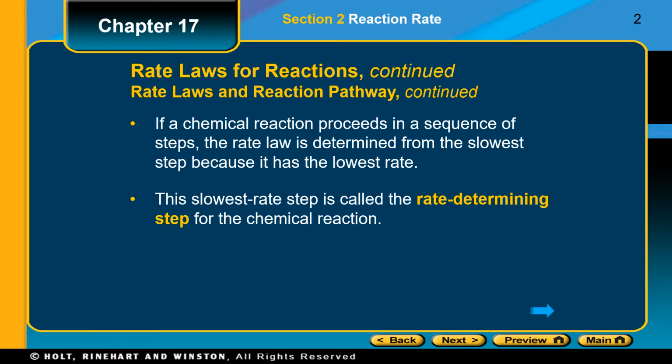And this slowest step in a chemical reaction is called the rate determining step for that chemical reaction. So the overall rate of the chemical reaction is actually determined by this slowest step.